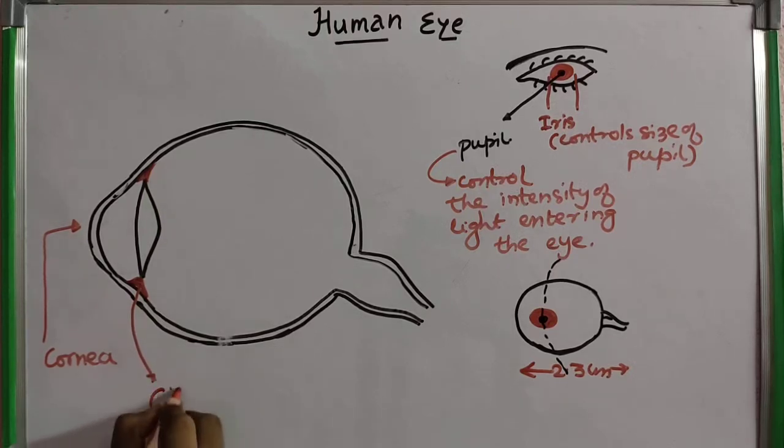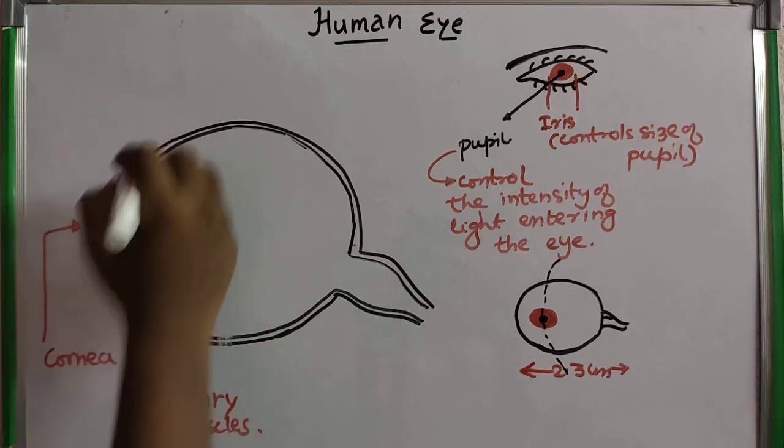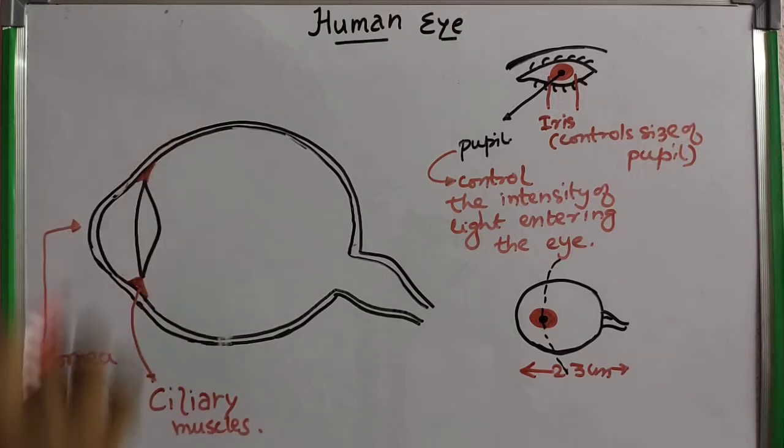What are they doing? They are holding my eyelids. So there is a pair of ciliary muscles, here also a ciliary muscle on the top, right? Basically holding the eyelids.